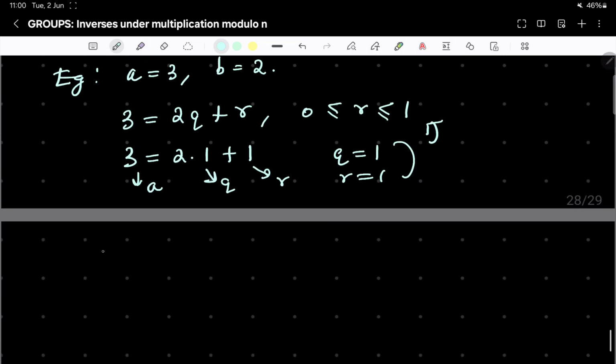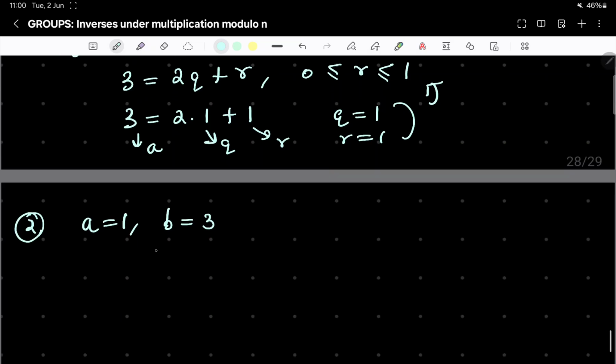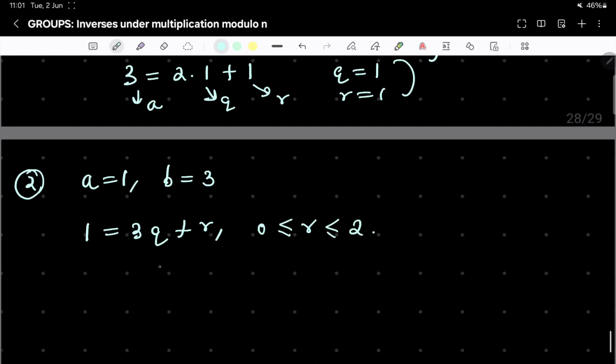Okay, let's take another example. Example 2: A equal to 1 and B equal to 3. Then you should write 1 equal to 3Q plus R, with 0 less than or equal to R less than or equal to 2. The only way to write this is 3 times 0 plus 1.